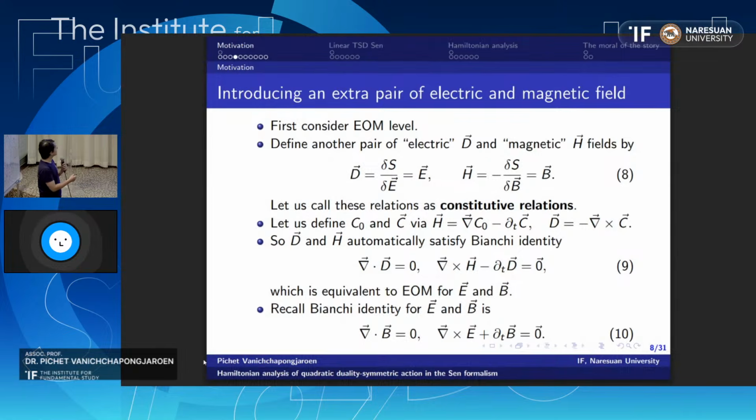The relationship of the new pair with the old pair is called the constitutive relation, and we may define the dual pair of potentials C0 and vector C, so that D and H automatically satisfy the Bianchi identity. We also have the other Bianchi identities from E and B. Actually all these four equations are Maxwell equations without having to use the action.